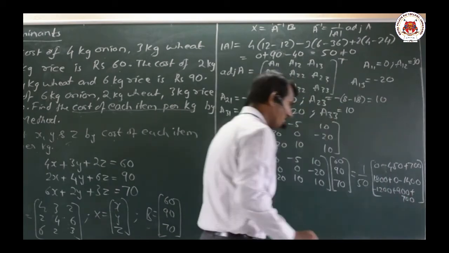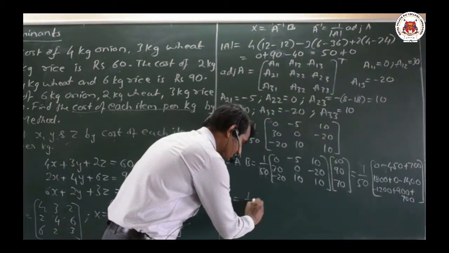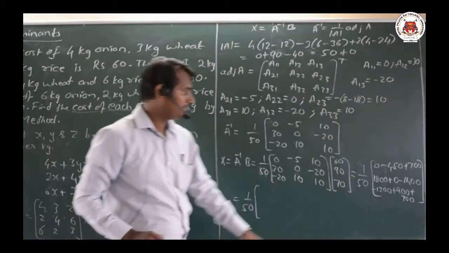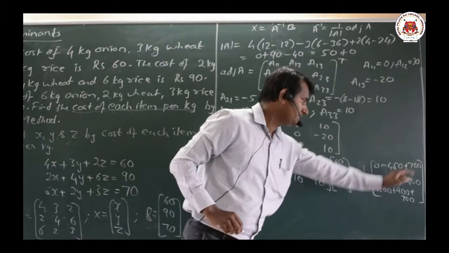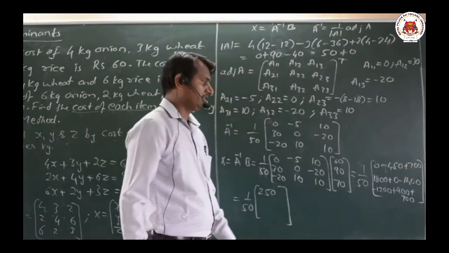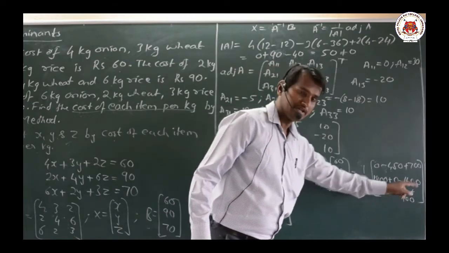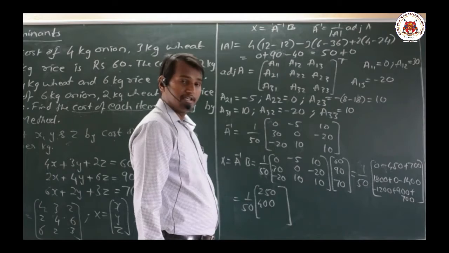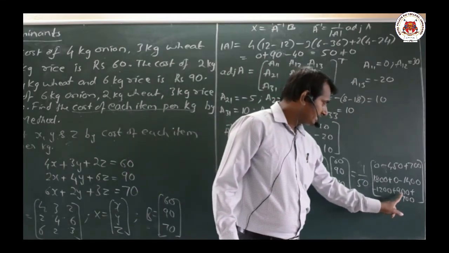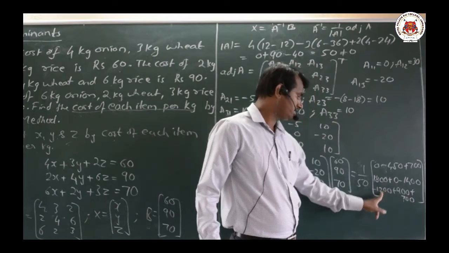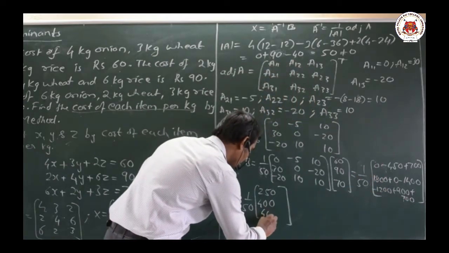What values do we get here? 1 divided by 50 into: minus 450 plus 700, that is 250; 1800 minus 1400 is 400; 900 plus 700 is 1600, and 1600 minus 1200 is 400 again.